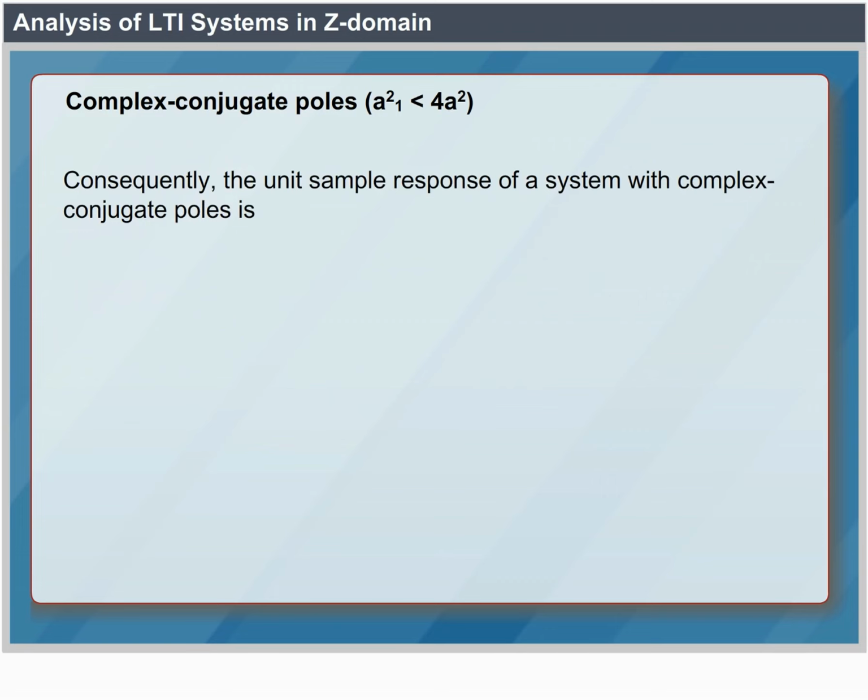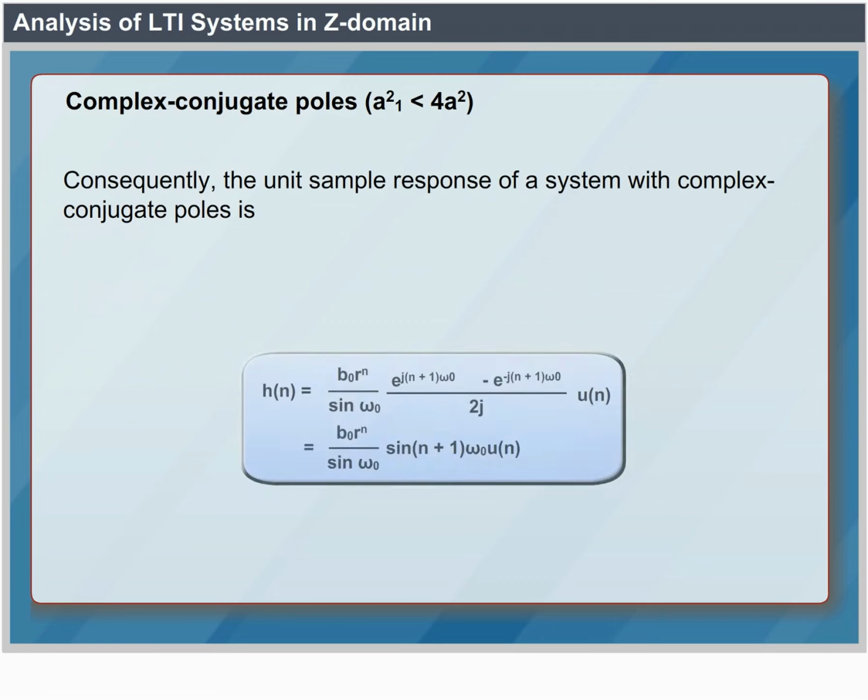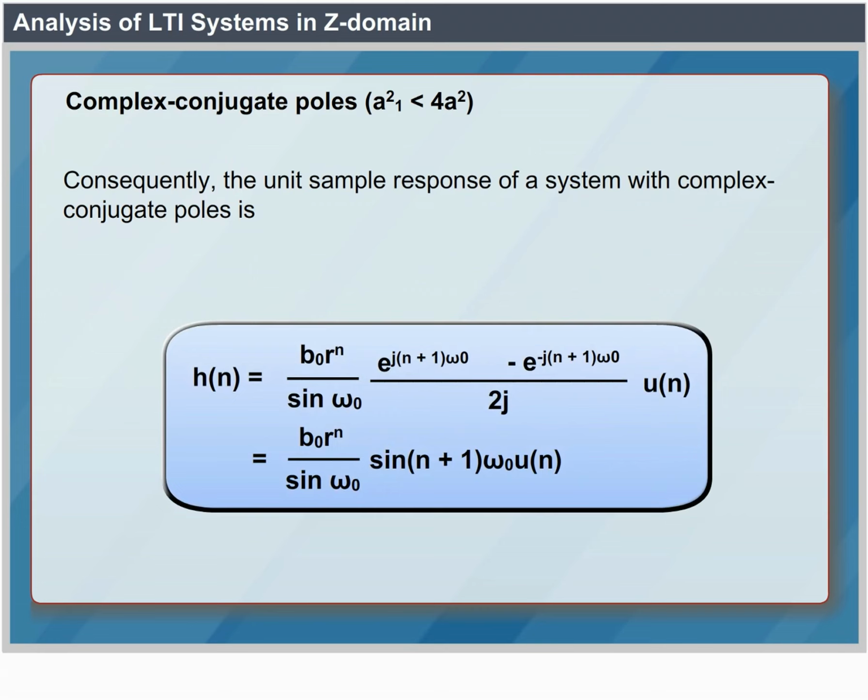Consequently, the unit sample response of a system with complex conjugate poles is h of n equal to b0 r power n divided by sin omega naught into e power j n plus 1 omega naught minus e power minus j n plus 1 omega naught divided by 2j into u of n, equal to b0 r power n divided by sin omega naught into sin of n plus 1 omega naught into u of n.